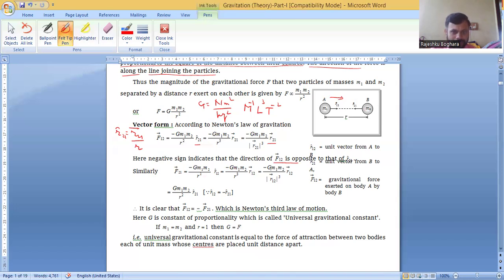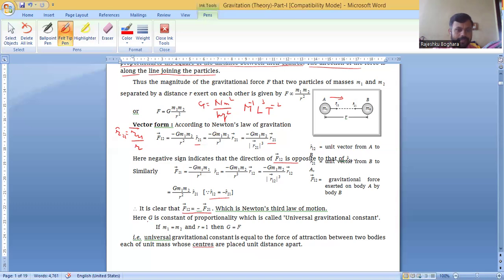So this is equal to GM1 M2 upon R square into R21, because R12 cap equals minus R21 cap. It is clear F12 equal to minus F21, which is Newton's third law.